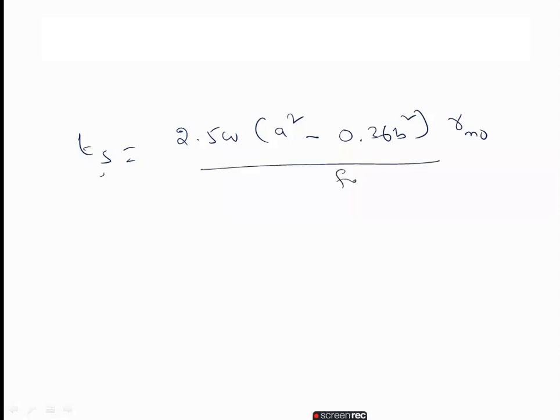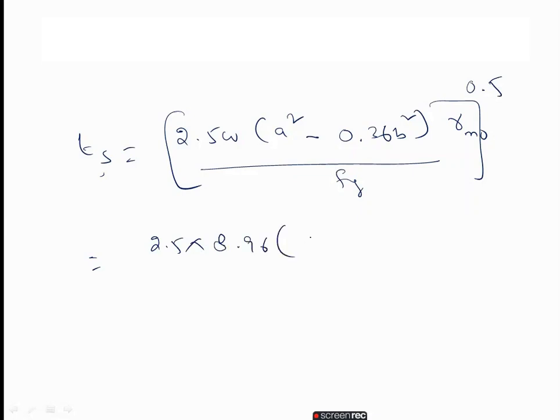Now calculate the minimum thickness required. That is ts equal to the formula, 2.5 w into a square minus 0.36 b square, gamma m0 by fy, whole power 0.5. So 2.5 into w, which we just calculated, is 8.96.